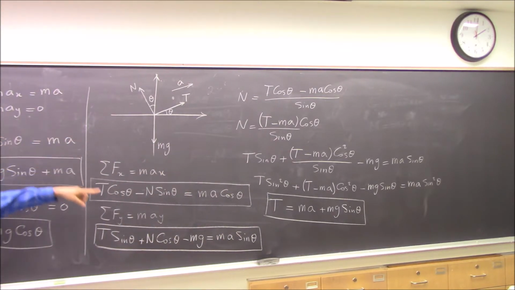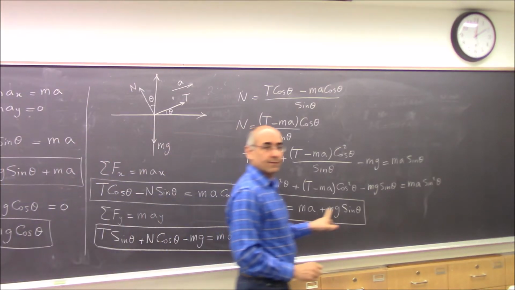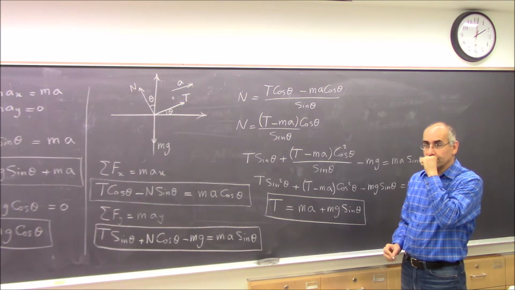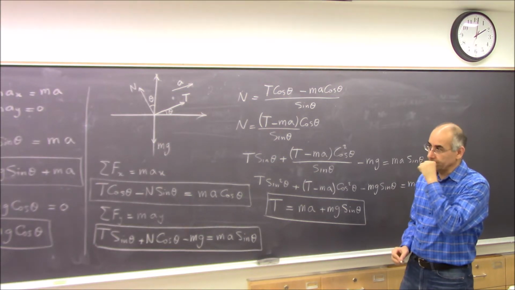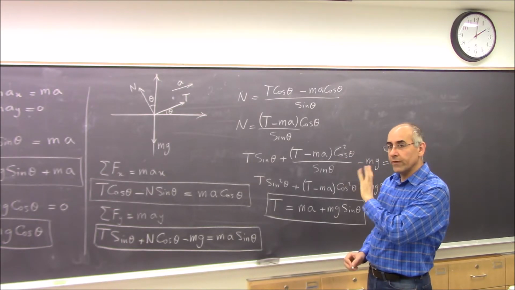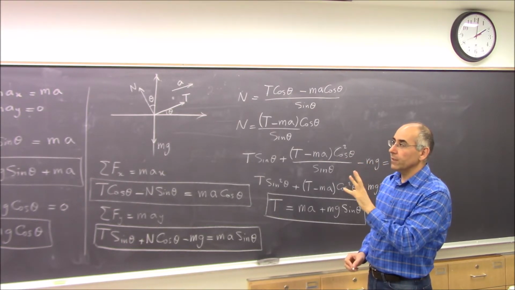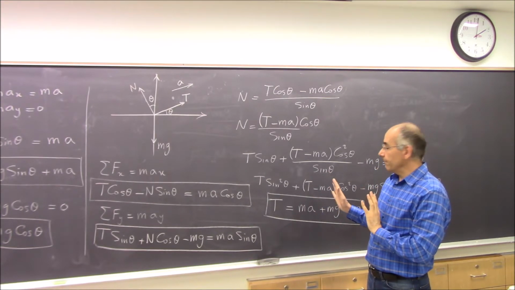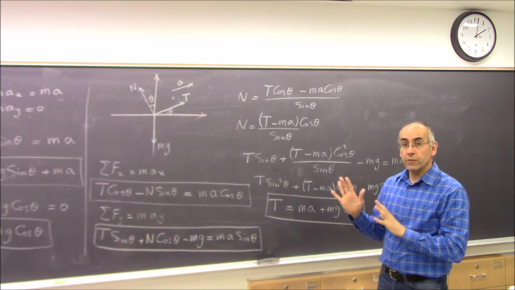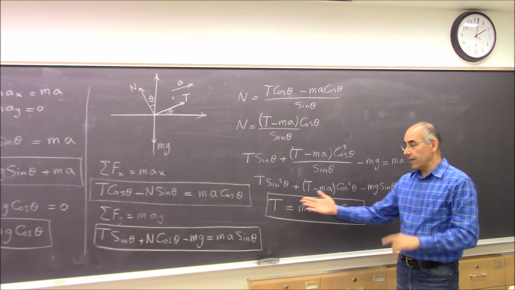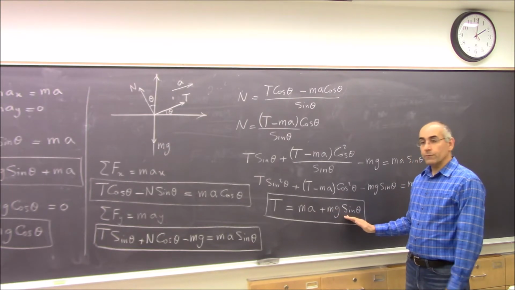And you see how much more work there is. My old physics teacher never taught us that way, and I really wish he did. You can do it both ways, but this shows the fact that the choice of coordinate system does not affect the result. This is the physical result. You have T equal to this expression.